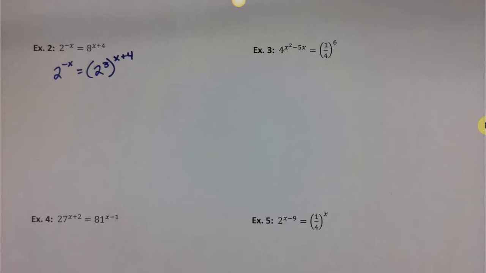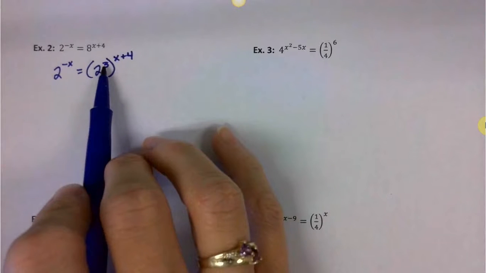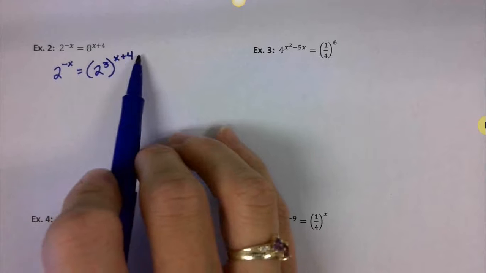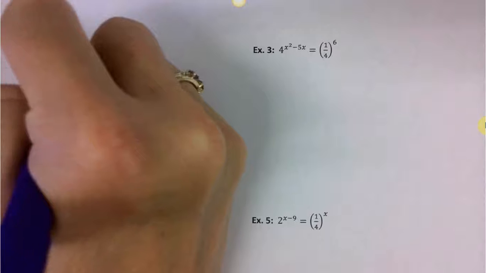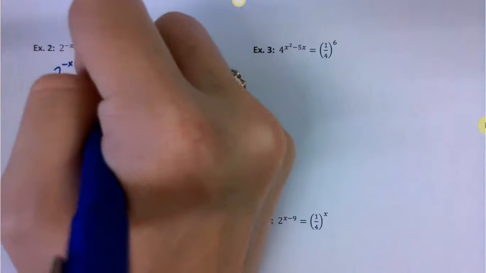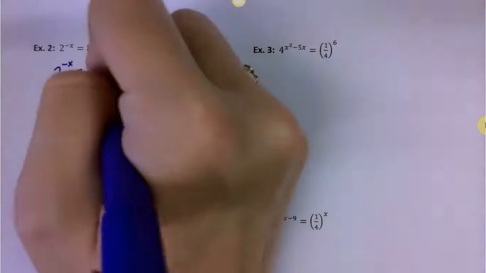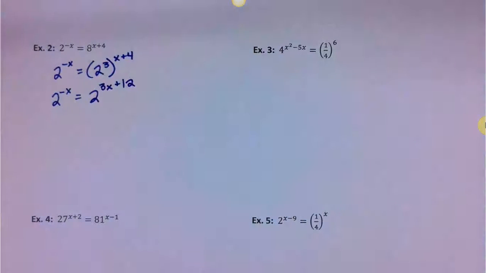And then thinking back to all of the rules that we learned about exponents, when we raise an exponent to another exponent, we multiply those exponents together. So in other words, the right side is the same as 2 to the 3 times x plus 3 times 4, or 12.